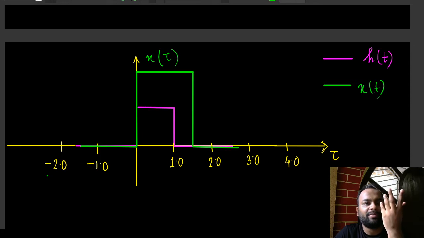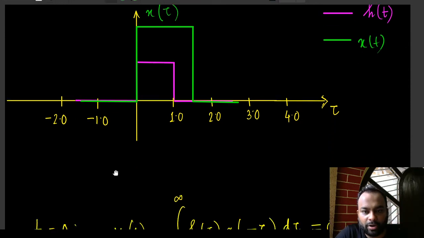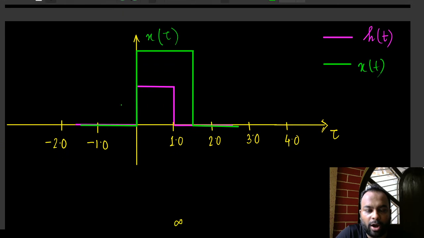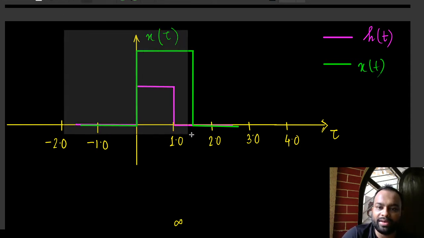I don't want to multiply h tau with x tau. I want to multiply h tau with x of minus tau, right? So I just take this signal and flip it vertically.